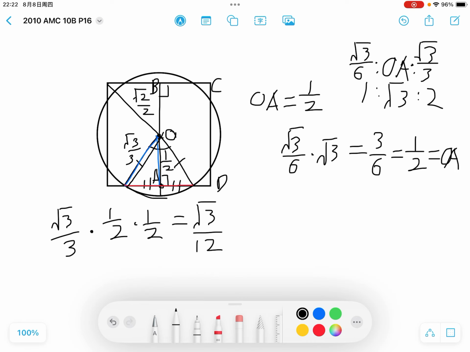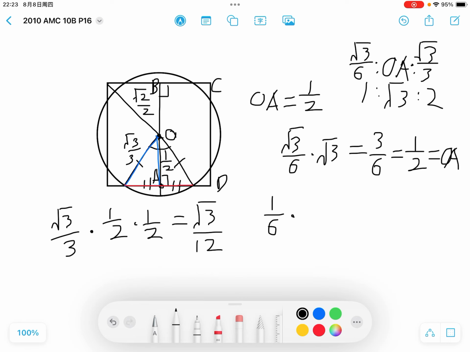I still want the area of my whole arc here. I know that this angle is 60 degrees because, well, my triangle is an equilateral triangle. If this angle is 60 degrees, my arc is gonna be 1/6 of the total area of my circle. Now that's just gonna be simple because I know the area of my circle.